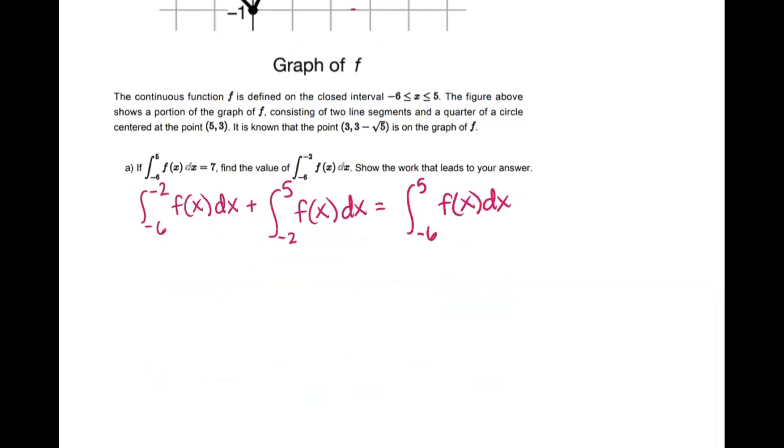And looking here, we know that the integral from -6 to 5 is 7. And we know we're trying to find the integral from -6 to 2.